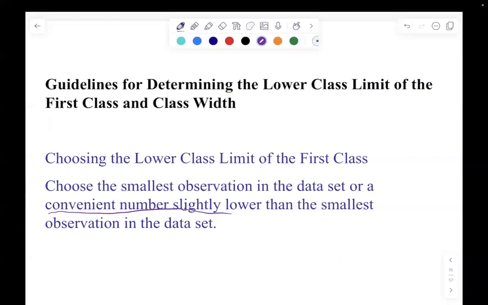Now, Excel does not. Excel doesn't look for pretty numbers because it doesn't find things pretty. But if you are doing one by hand, generally find a pretty number a little bit lower than your smallest data value so that you're going to have these nice, pretty graphs.